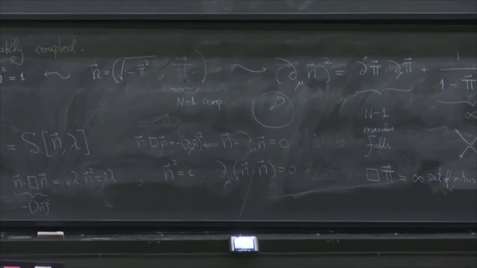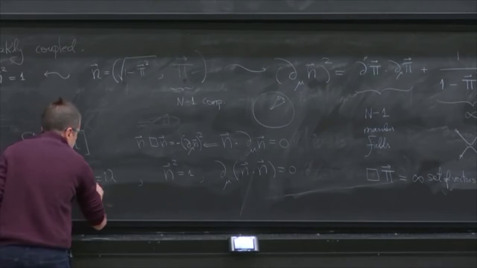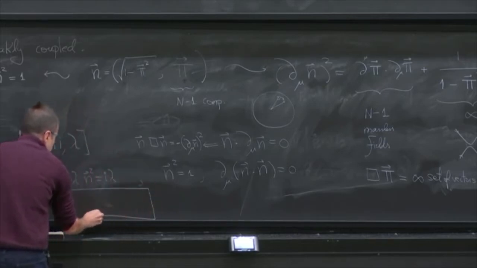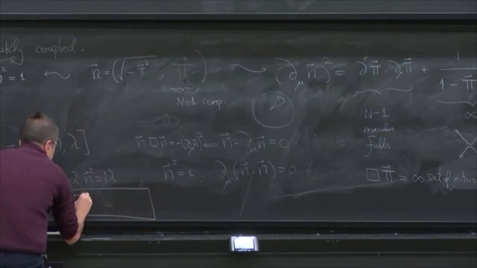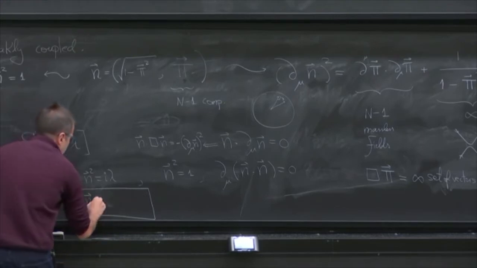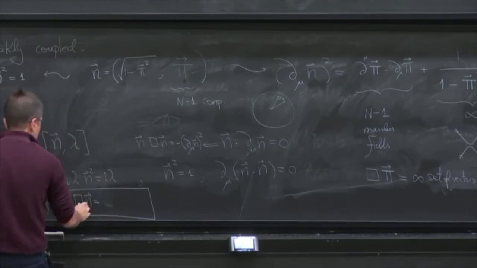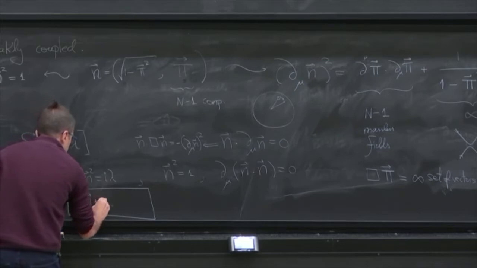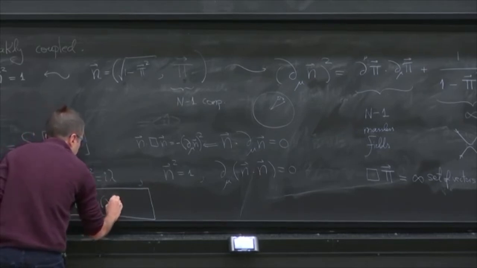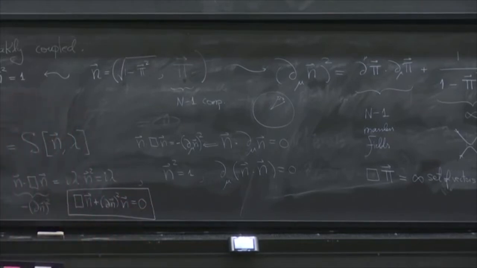And so finally, the equations of motion would be, put here in a box, box of n equal, I lambda becomes this, and put all on the same side, plus del n squared times n equal to 0. Right? This would be the equations of motion.